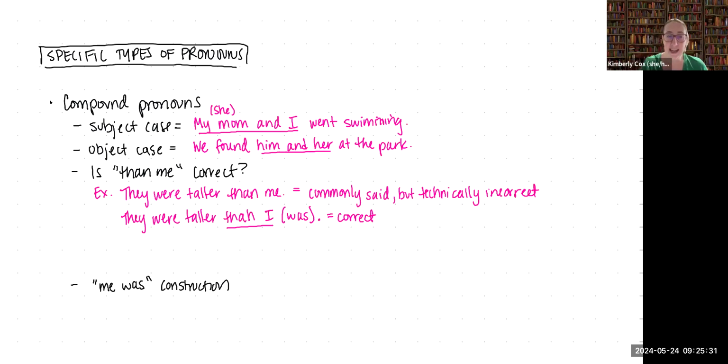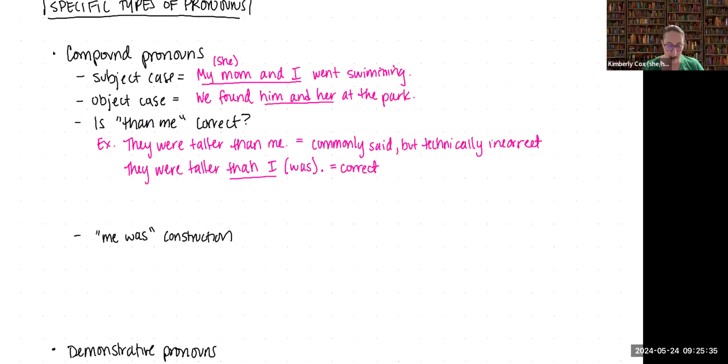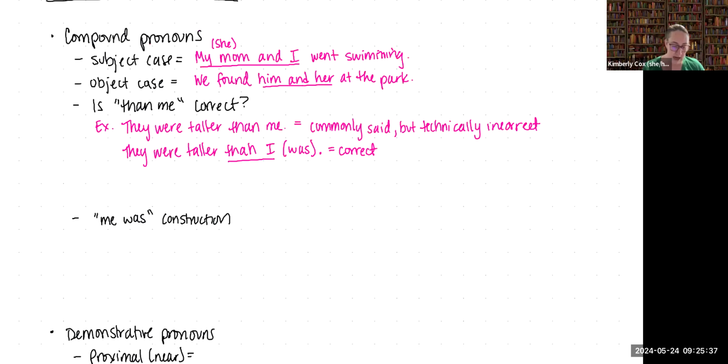So, in a similar vein, I want to take a look at the "me was" construction, right? And by that, what I mean is saying something along the lines of "me was" late. Okay, nice simple sentence. I think most people would assume that this should read, "I was late."